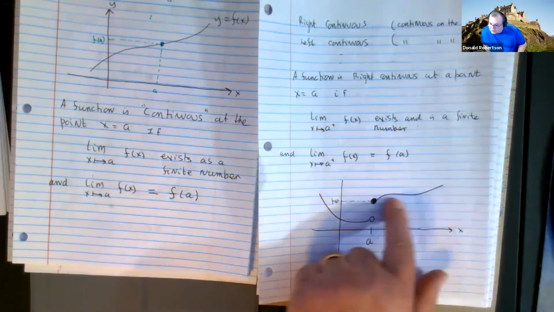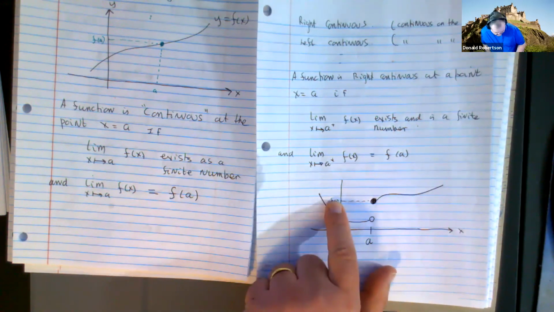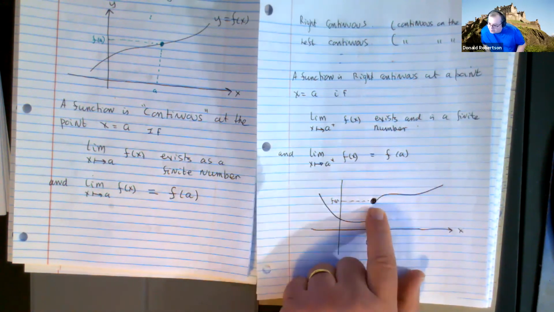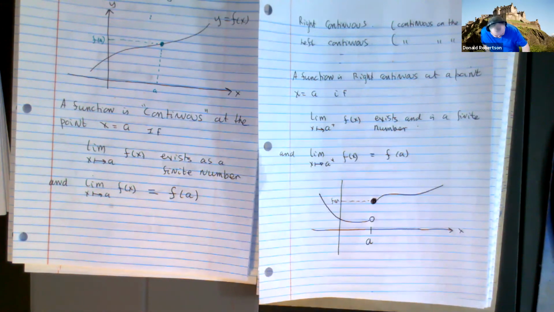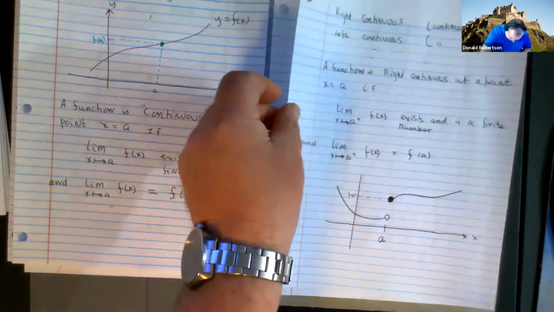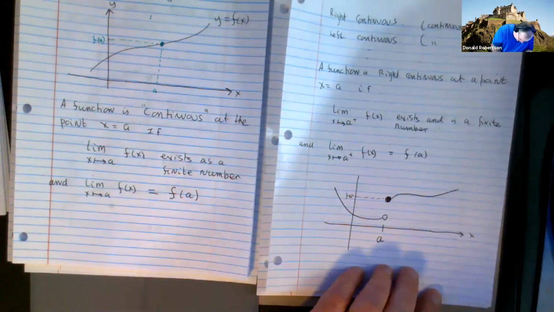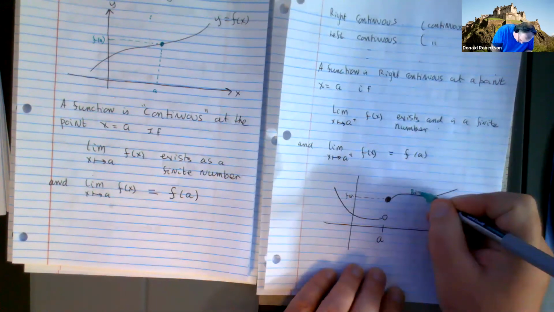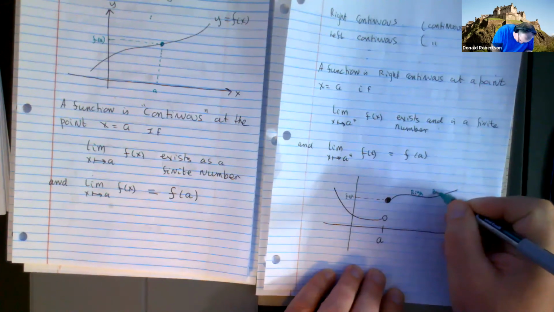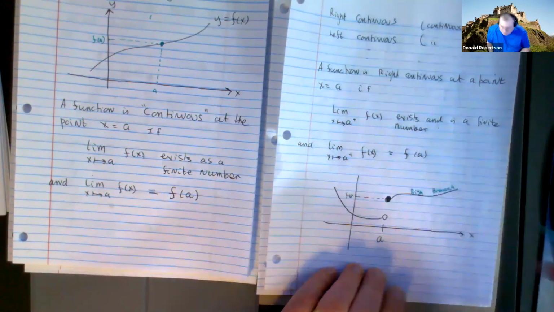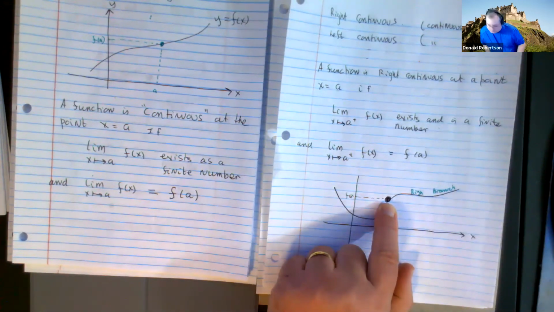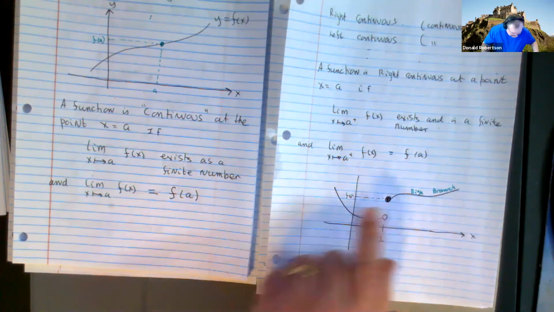Would you agree that the right limit is f of a? And isn't the value of the function the same? So when you are talking about a thing being right continuous, aren't you basically saying that the right-hand branch ends at the place where the function is?